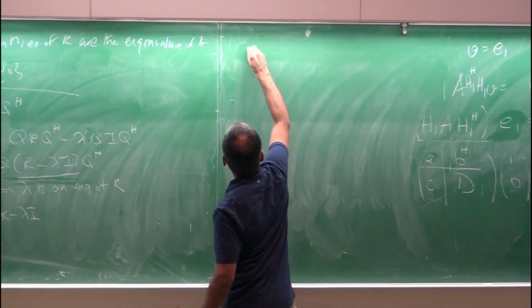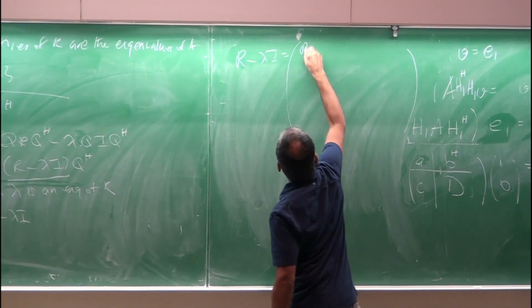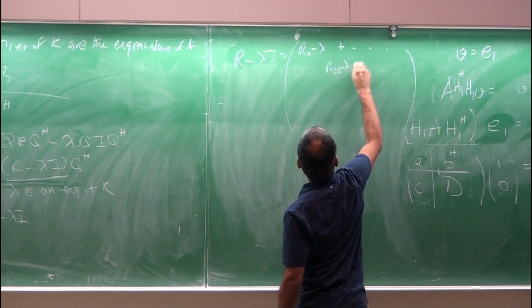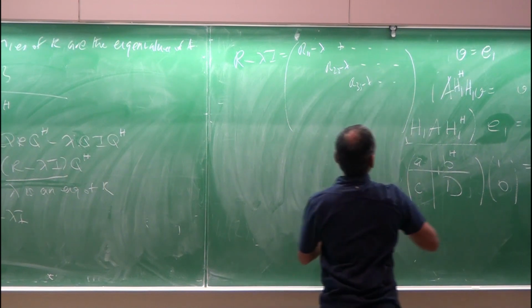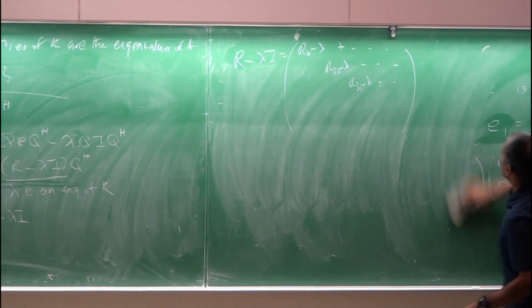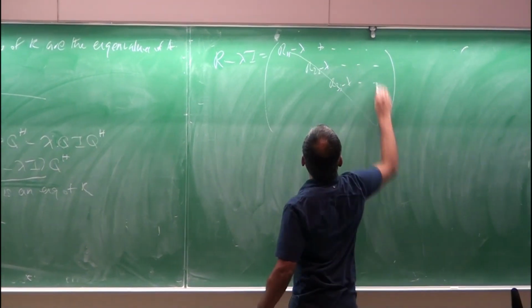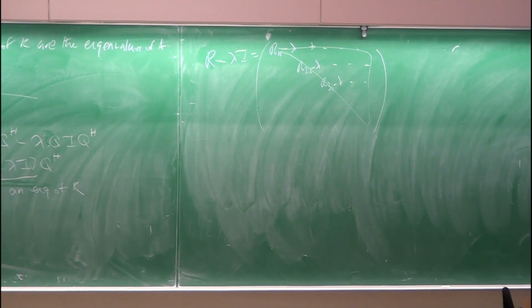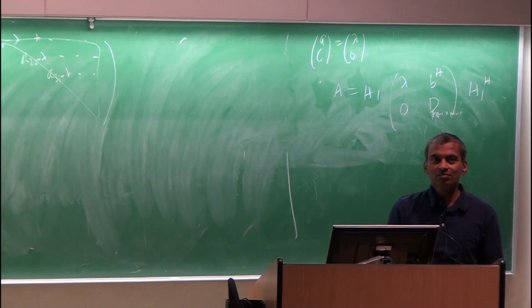Why? R is an upper triangular matrix. So if I look at R minus lambda I, it looks like this: R11 minus lambda, something, something; R22 minus lambda, something; R33 minus lambda, and so on. This is an upper triangular matrix, and we know exactly when it is singular or non-singular. We know an upper triangular matrix is singular if and only if there is at least one 0 on its diagonal.